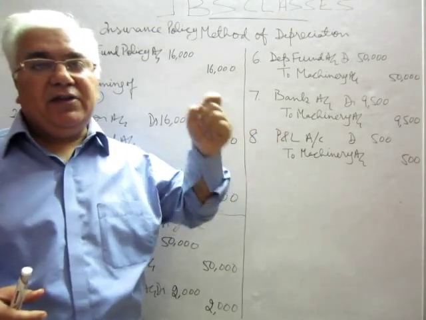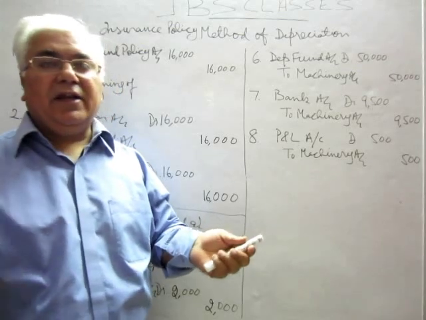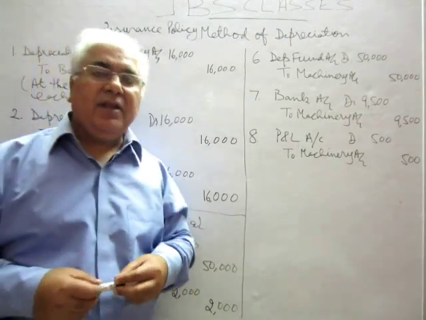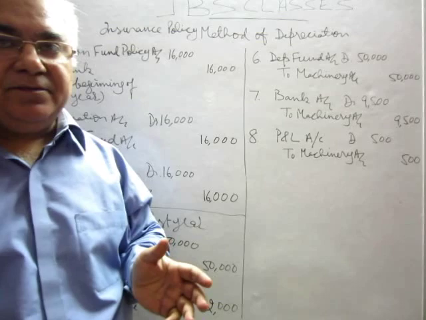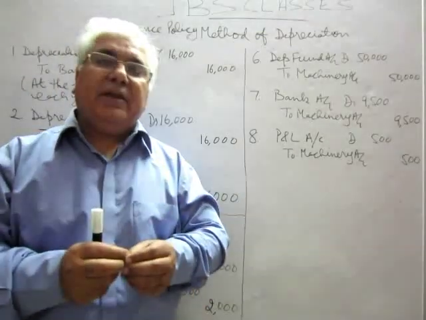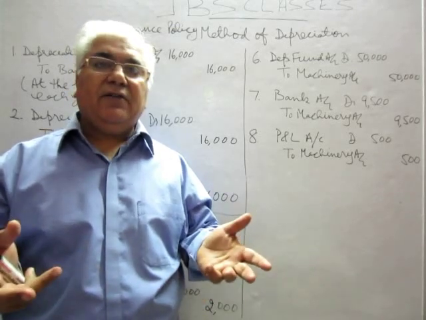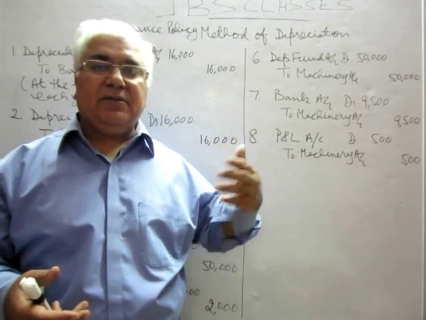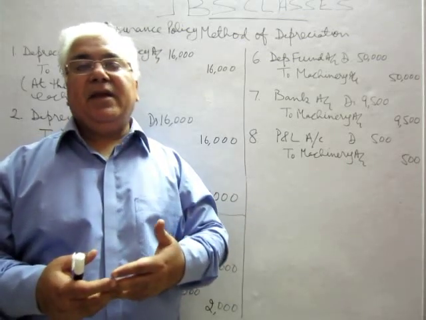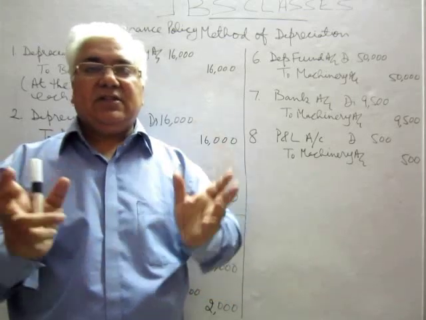We don't invest ourselves. Rather we go to a general insurance company and buy an insurance. We just pay premium at the beginning of each year, and at the end of the useful life of the asset or the machinery, whatever it is, they pay us the promised amount. Now this is the system.